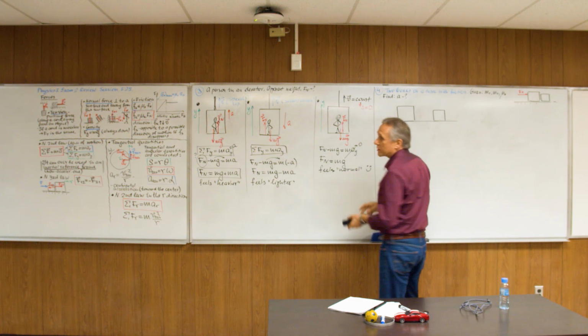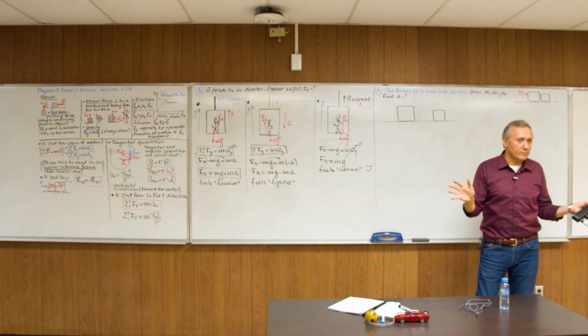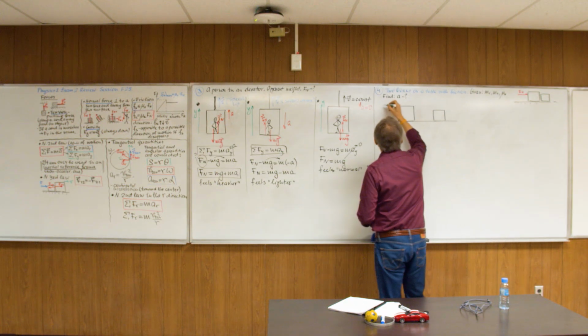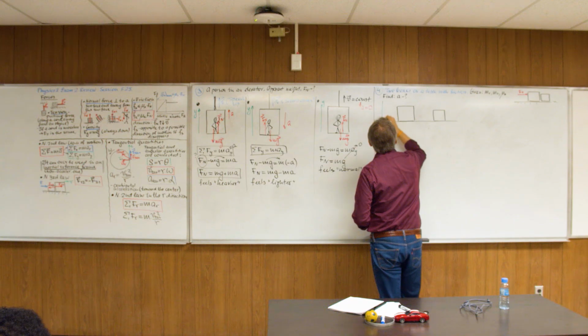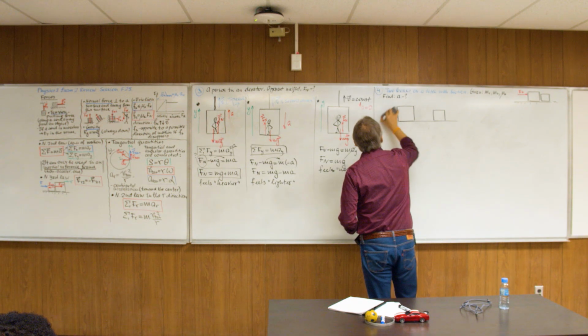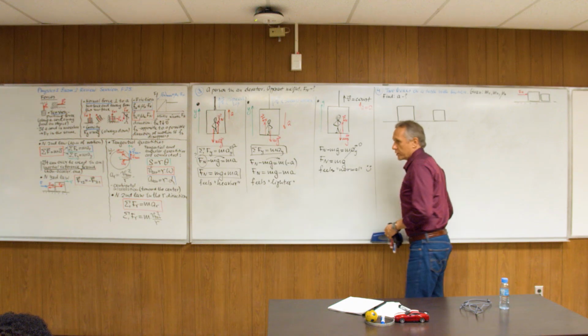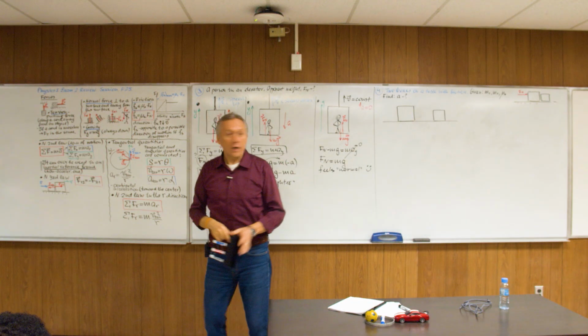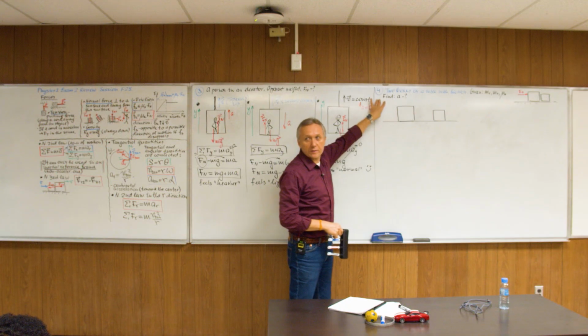So, in coordinate system, I think the choice is obvious, right? Y, vertical, x, horizontal. And you know what? Also, since we're not going to use kinematic equations, the place of the origin is not that important. Right? So I'm going to just draw x and y over here somewhere in the corner.